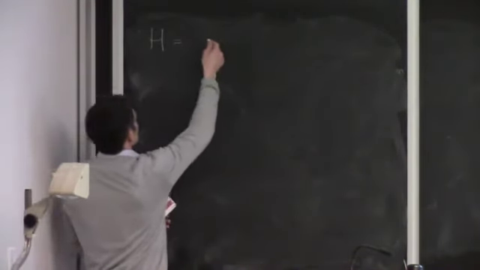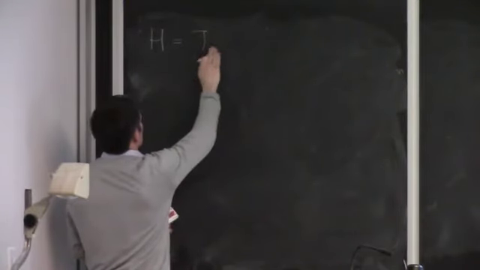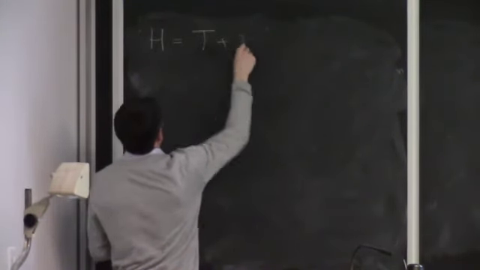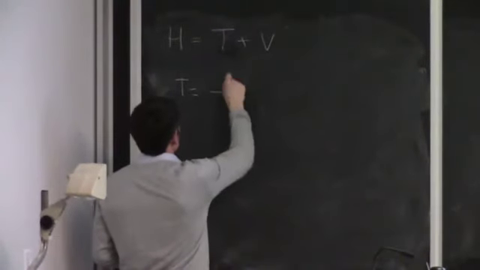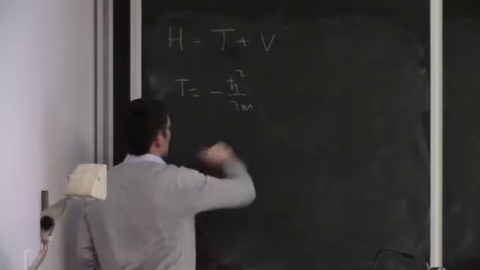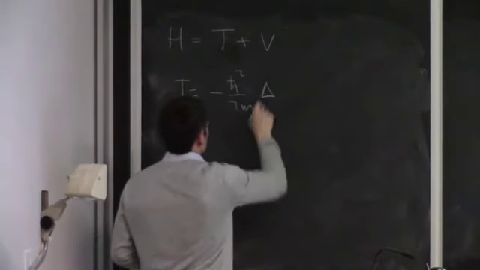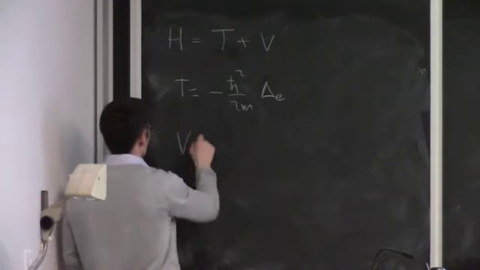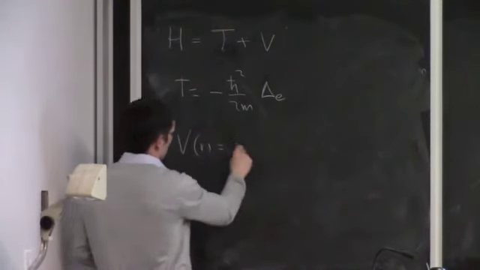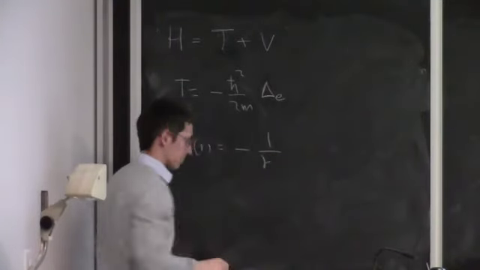And so what do we have? Usually kinetic energy plus potential energy. Kinetic energy is minus h bar squared over 2m, and then the Laplacian for the electron, and the potential energy is just 1 over r.